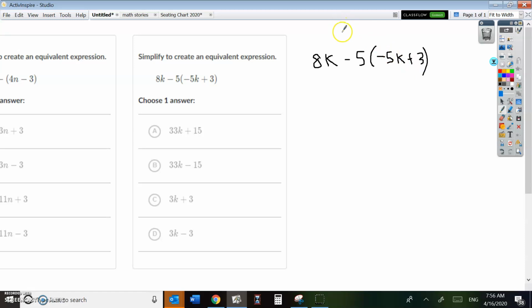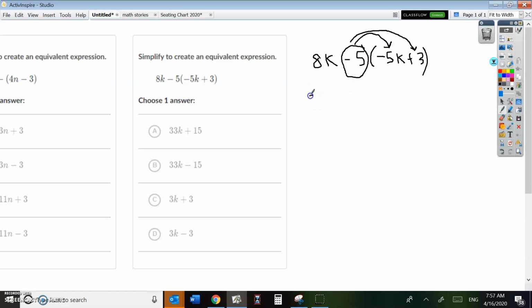So distribute the 5, but remember, it's like you're distributing negative 5. Negative 5 times negative 5k, and negative 5 times positive 3.